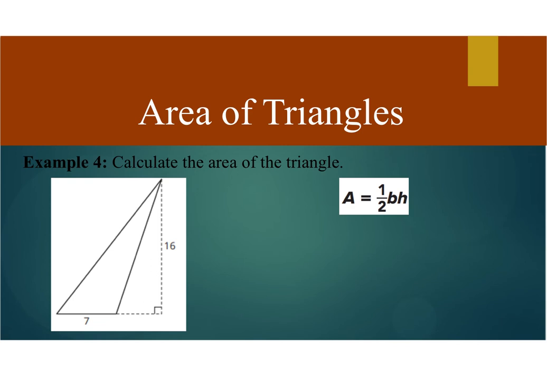Area of a triangle again. So sometimes where we have to make the right angle, it's not even in the triangle. So we have this dotted line, and that is our altitude. So area equals 1/2 times 7 times 16. 7 times 16 is 112.